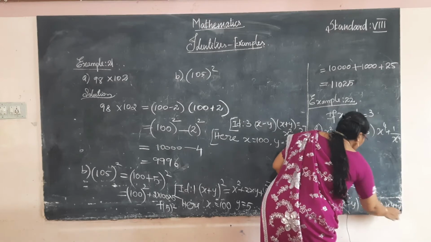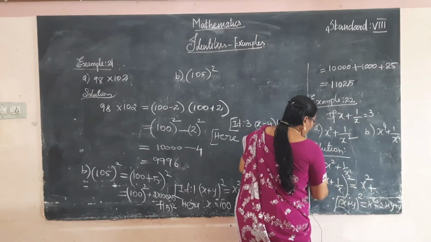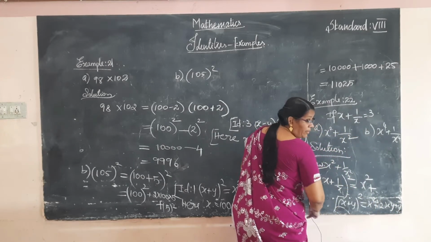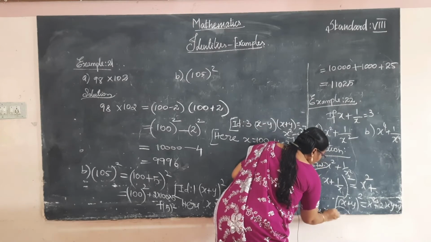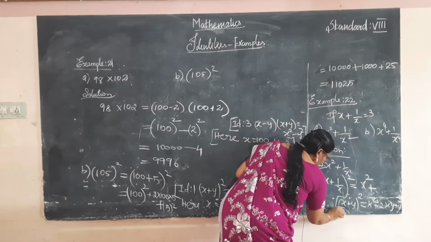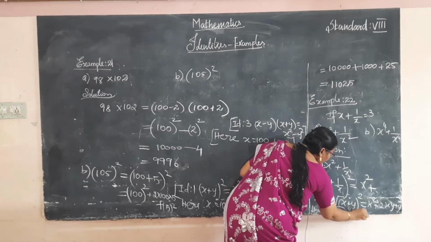So here the x value is x, and the y value is 1 by x.